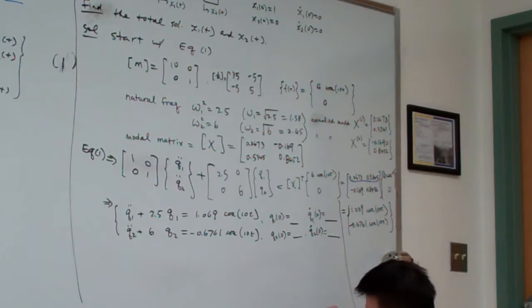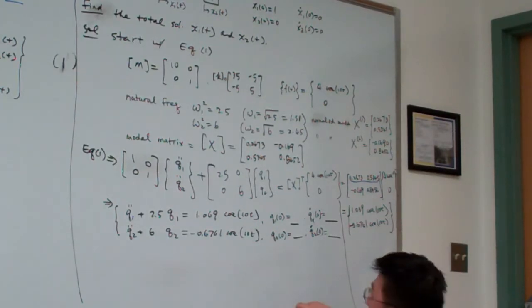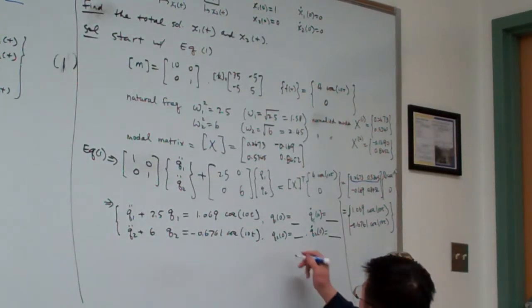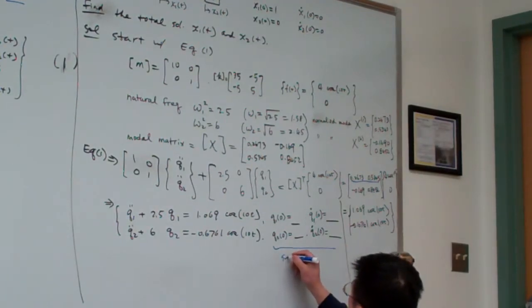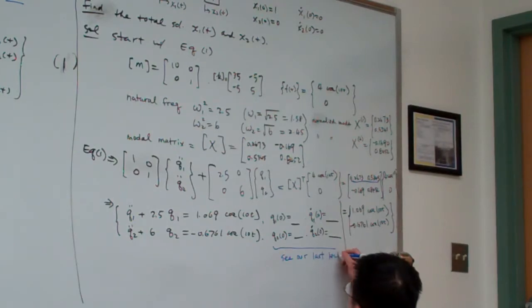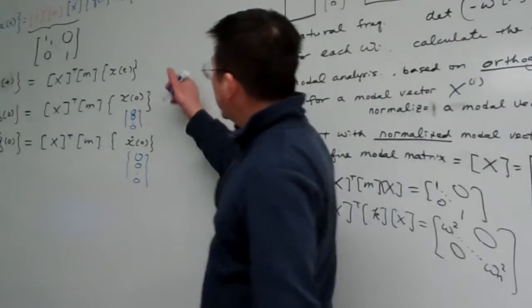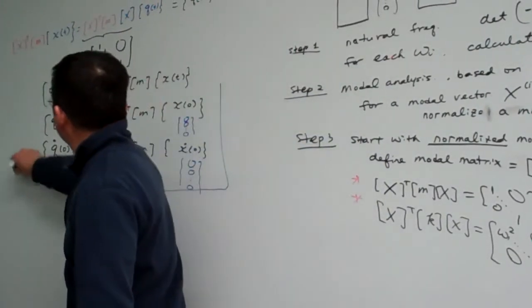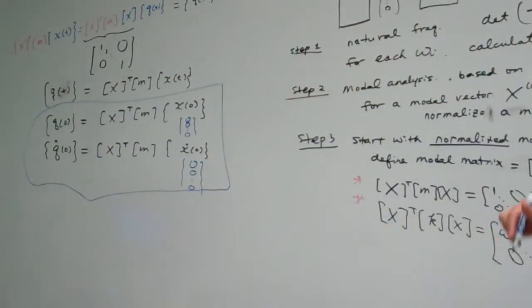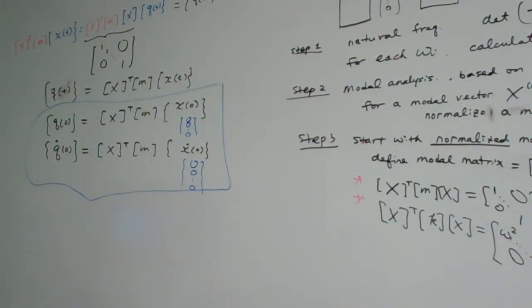The initial conditions are starting from our last lecture. Basically, implementation is to utilize these two equations here, okay? And that is very straightforward. We have done this one last time.